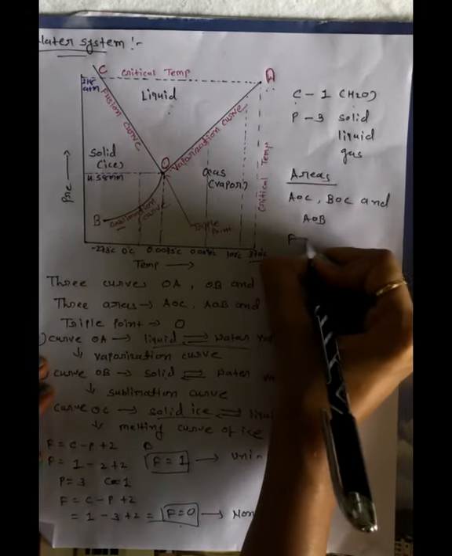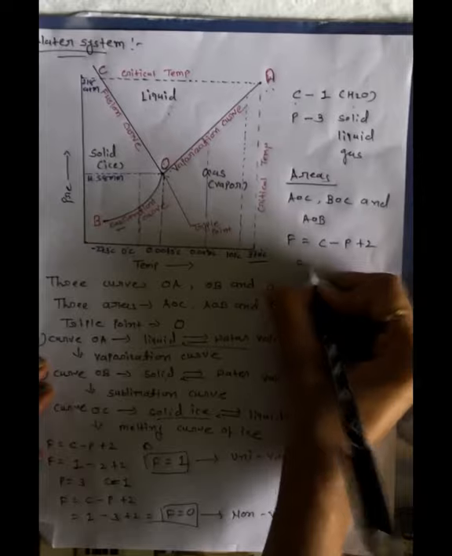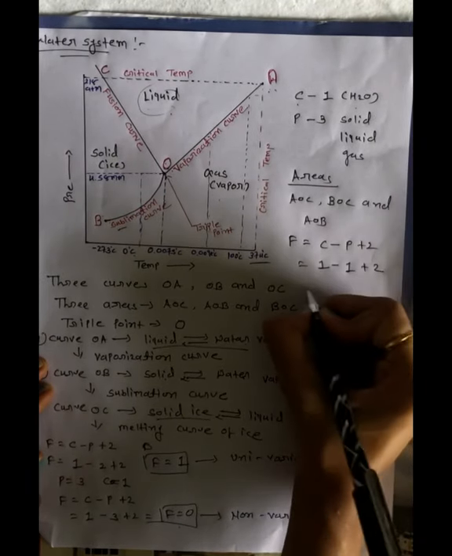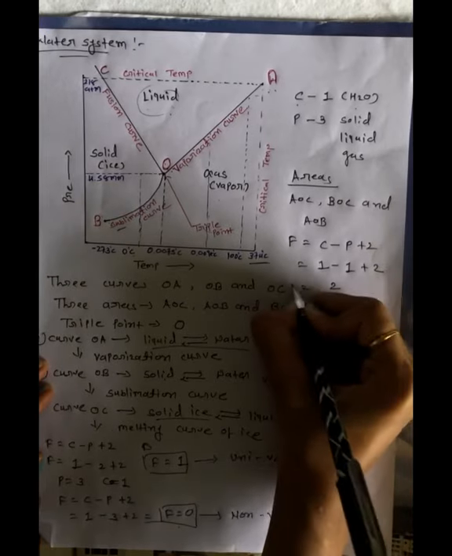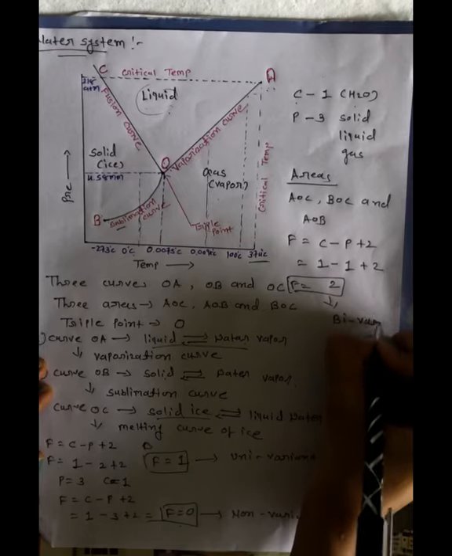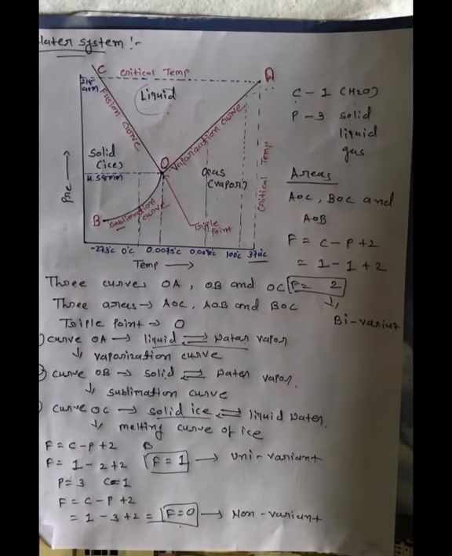F is equal to C minus P plus 2. Here component is only one, phase is only one, because in AOC there is only one phase. So 1 minus 1 plus 2, that is 2. F is equal to 2. So for an area, this is bivariant. Therefore, both temperature and pressure must be fixed to define the system, right? So this is the water system. What you have to do is understand curves, areas and triple point, and also calculate the degree of freedom, right?